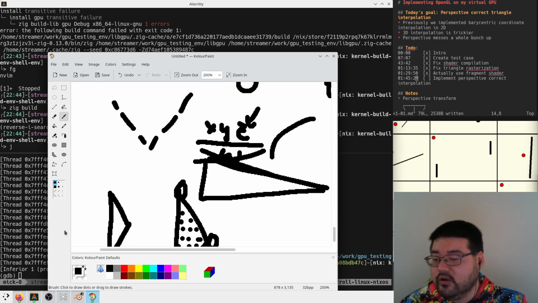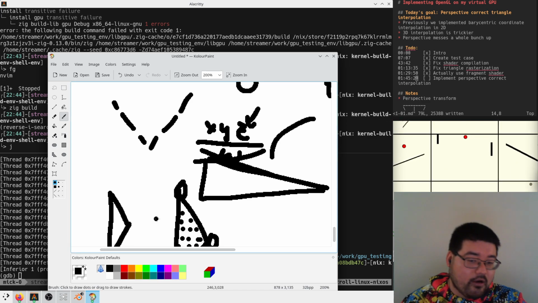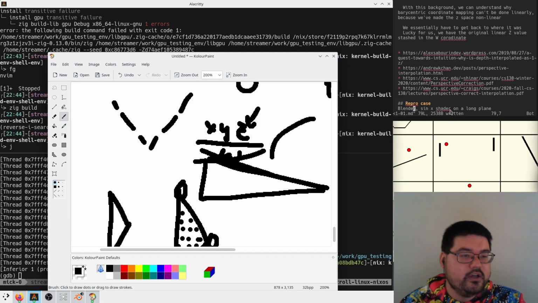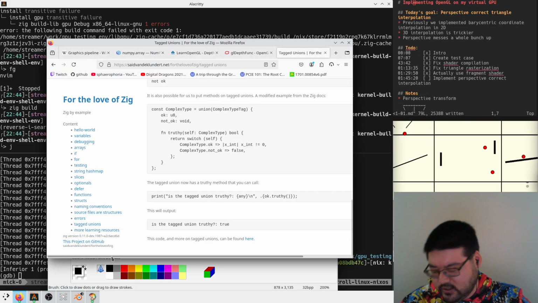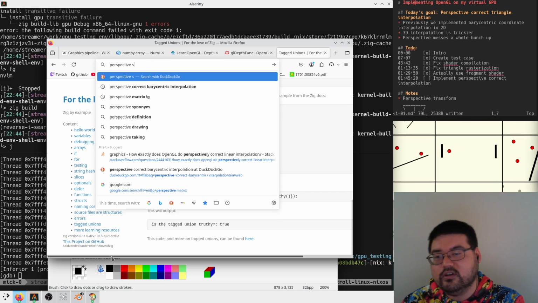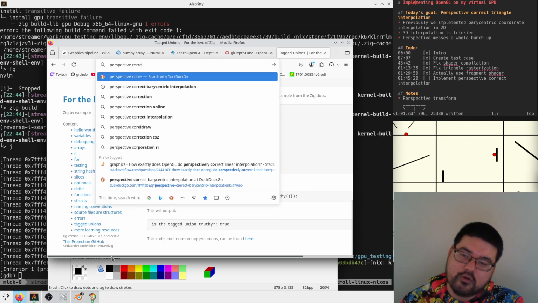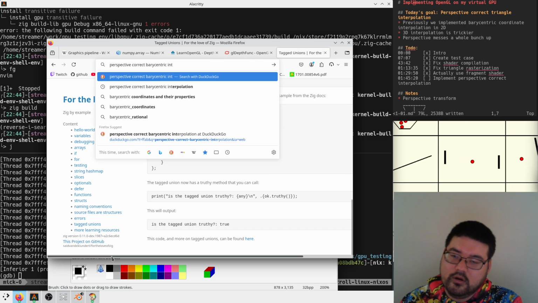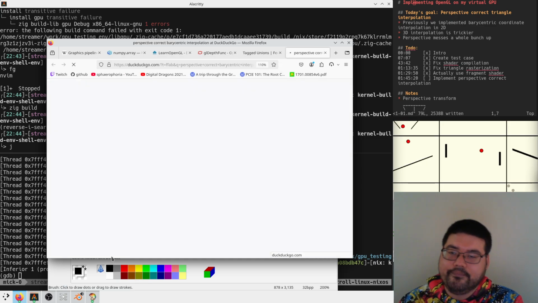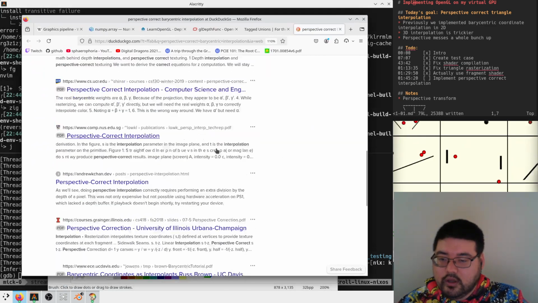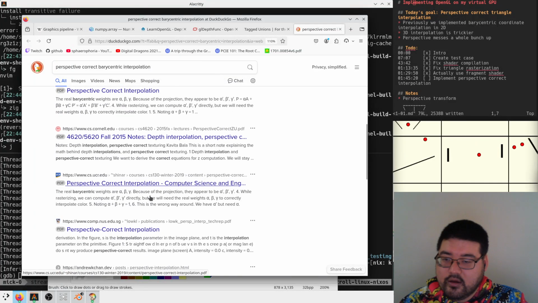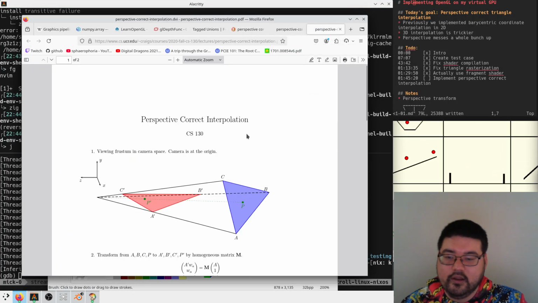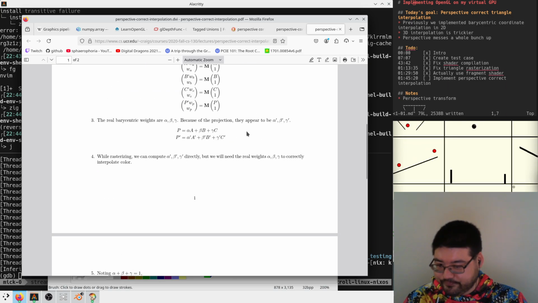And it turns out that there's a generic way of doing this that is always correct for all homogeneous coordinates. I think I found this by searching perspective correct barycentric interpolation. I think it was this one or maybe this one. This was the one that explained it best to me.